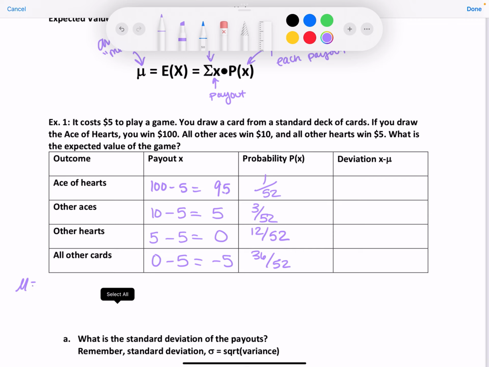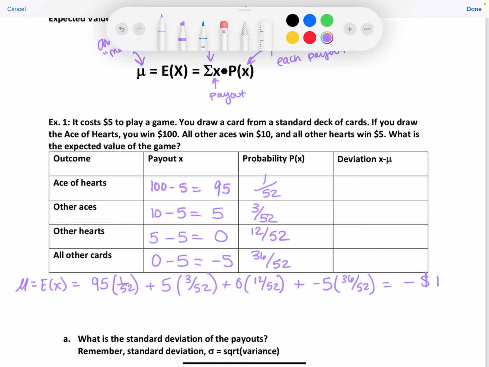So mu is equal to E of X, which is equal to, the first payout is $95, so 95 times 1 over 52 plus 5 times 3 over 52 plus 0 times 12 over 52 plus -5 times 36 over 52. And if you were to type all that in and solve it out, it would be -$1.35.